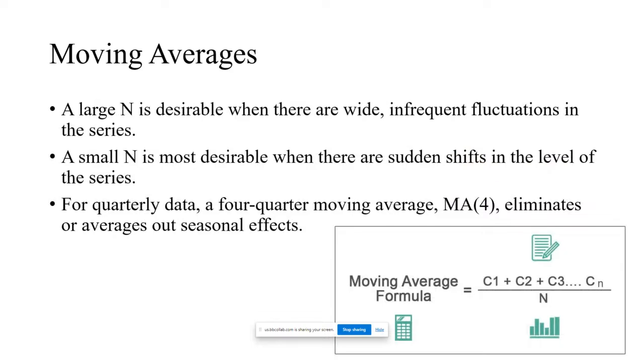A large N, or K, is desirable when there are wide, infrequent fluctuations in the series. A small n is desirable when there are sudden shifts in the level of the series. For quarterly data, a 4-quarter moving average, MA4, eliminates or averages out seasonal effects.